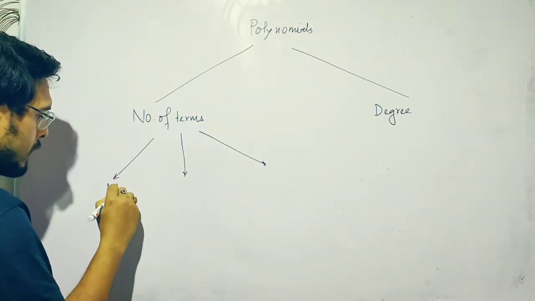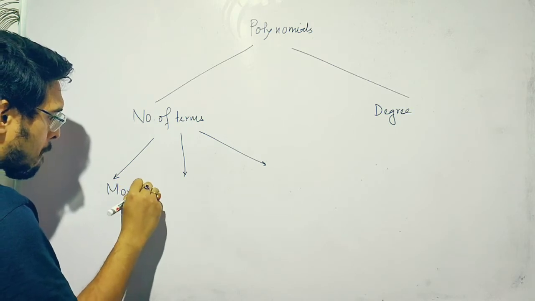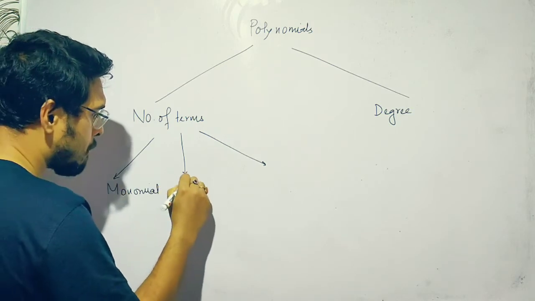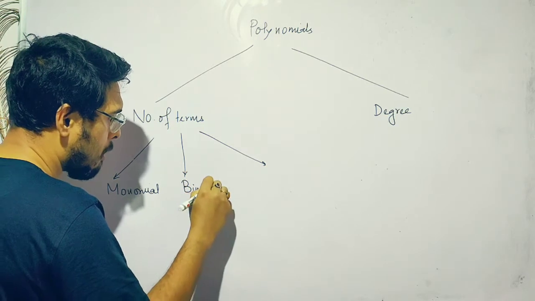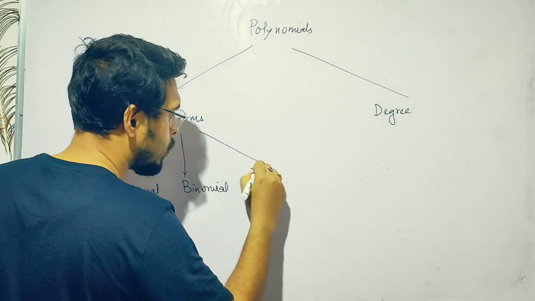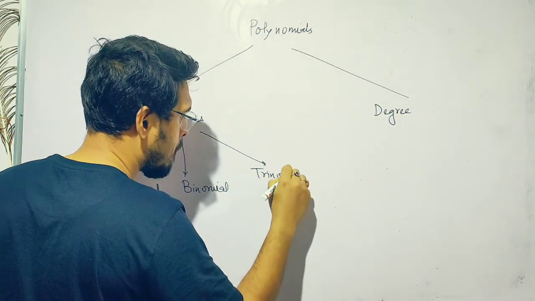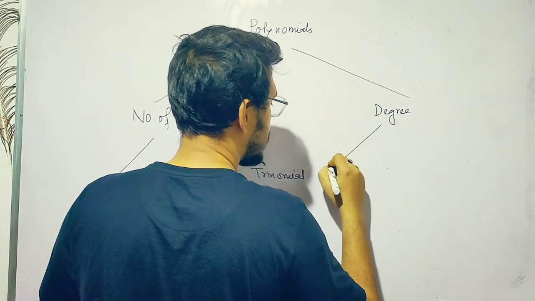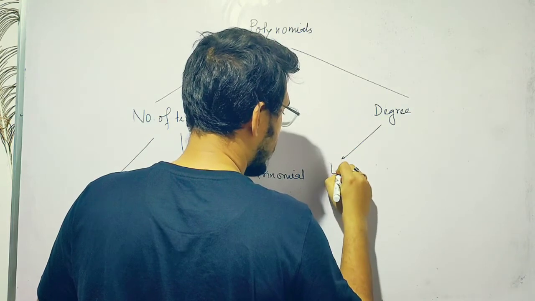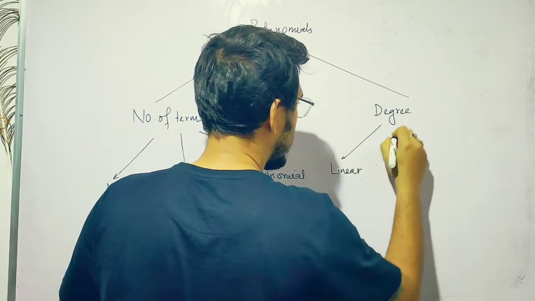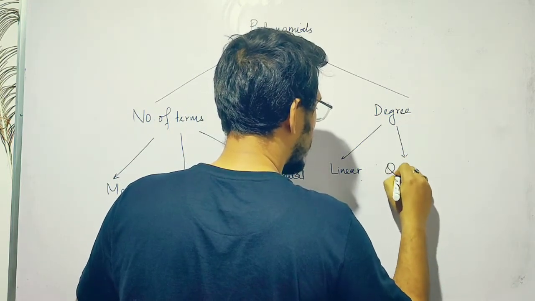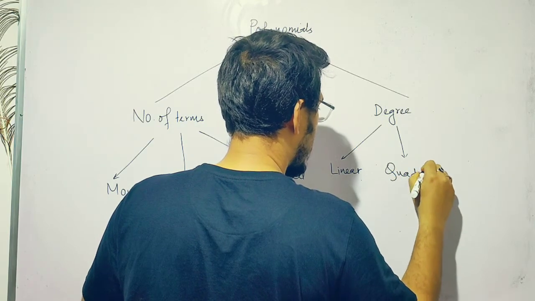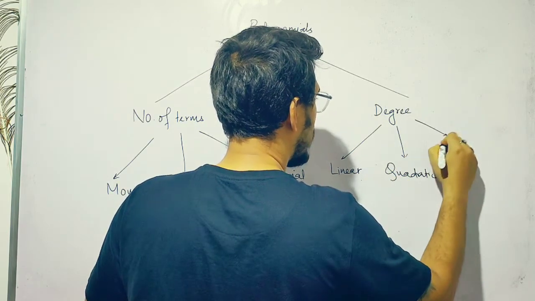First one is known as monomial, then binomial, then trinomial. For degree, we had already discussed in the last class. First one is linear, second one is quadratic, and then cubic.